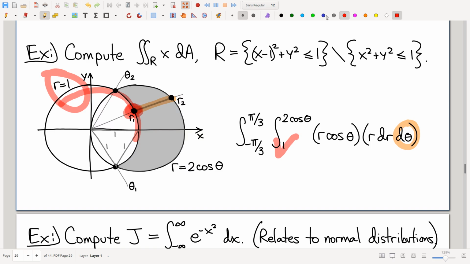And then likewise, my R values on my theta slice end at that point, which is on this curve with that equation, and that's where that upper bound comes from. Cool? Right.